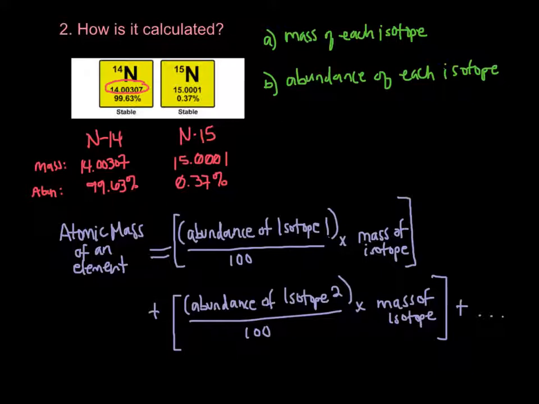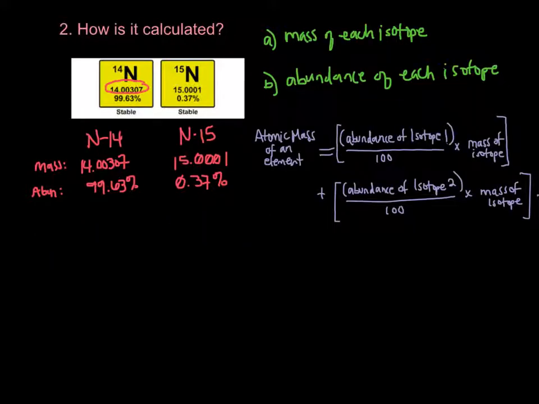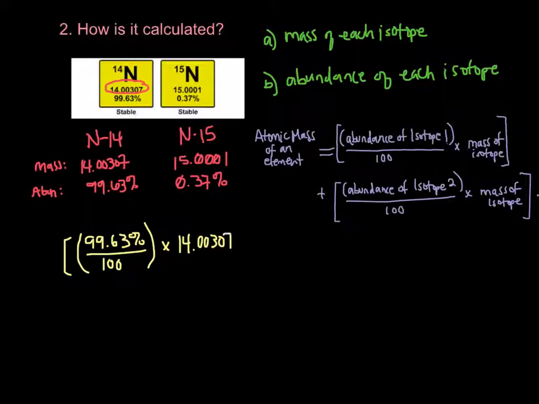So let's make this calculation very quickly. I just moved the equation. We'll take the abundance of our first isotope, 99.63%, and we'll divide that by 100. Now I realize that you could probably do that in your head, which is totally fine. That makes 0.9963, and you're going to multiply by its mass of 14.00307, and you're going to get the product for that.